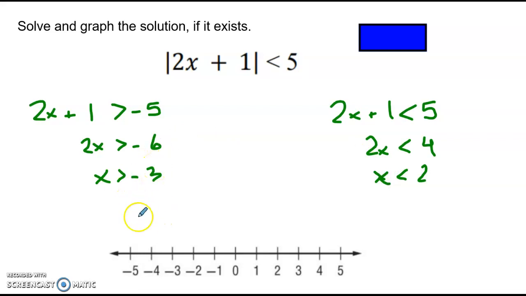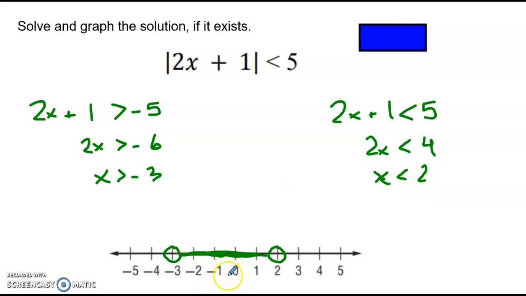Okay, so x is greater than -3. Here's -3, open circle over that, so it's going to be going this way. I'm going to hold off on shading the whole graph here. And then x is less than 2, so that's going to be here. So remember, it's this overlapping region, this intersection right here, where x is greater than -3 but less than 2.